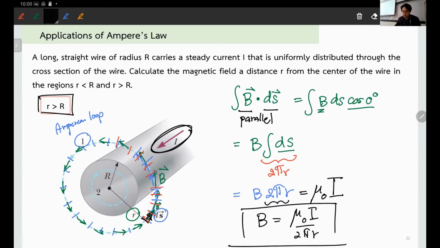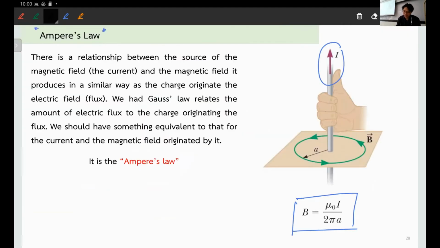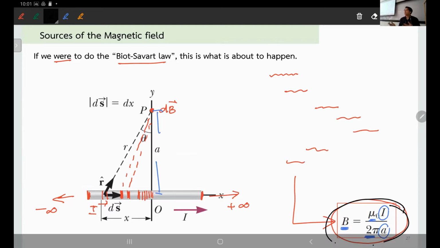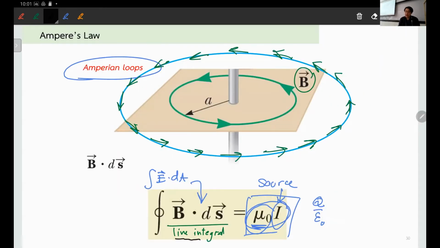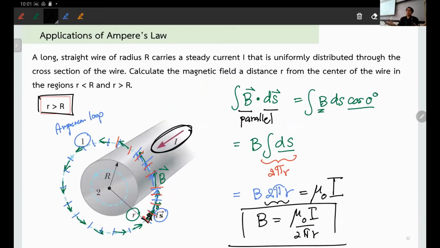So this shows you how we can get to that stuff that we skipped. Eventually, we can arrive at this result by using Ampere's law. But Ampere's law has its own complications in the sense that you have to evaluate the line integral. But for the case of a simple current in a wire, the Ampere's loop is just a circular loop, so you can do a line integral really easily and arrive at this result.